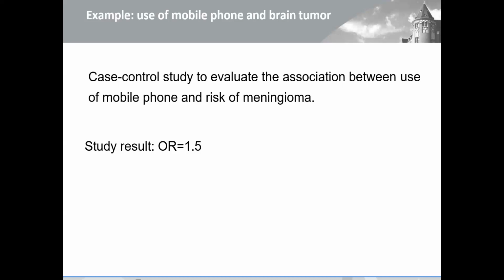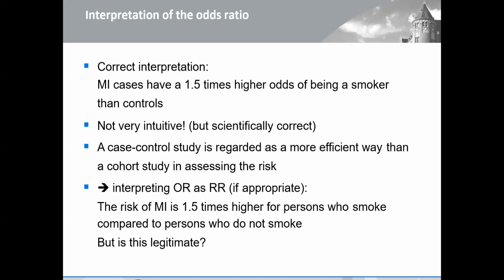So just get that interpretation. Please don't fall in the trap of interpreting the odds ratio as a risk. No, in this case, you interpret it as what? As the odds. So this is the correct interpretation.